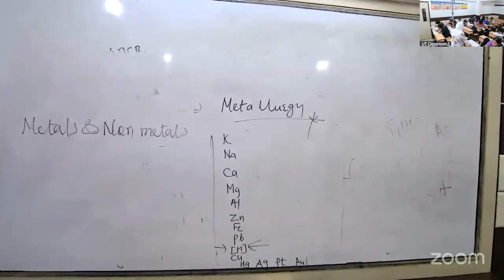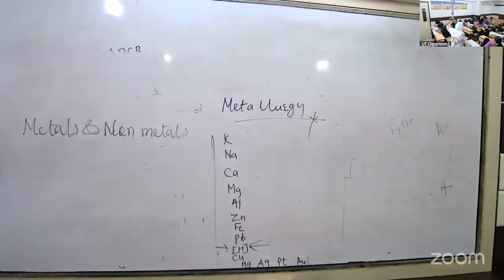Electropositive character decreases with respect to oxidation. With respect to oxidation, the elements present at the top, will they undergo oxidation or reduction? Please listen to the question carefully and answer me. Here we are writing electropositive character decreases from top to bottom.